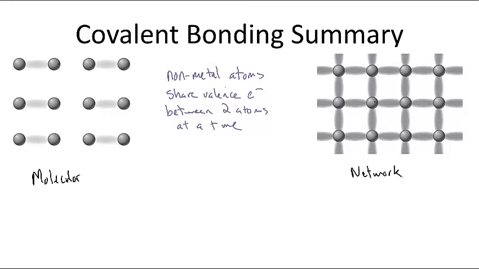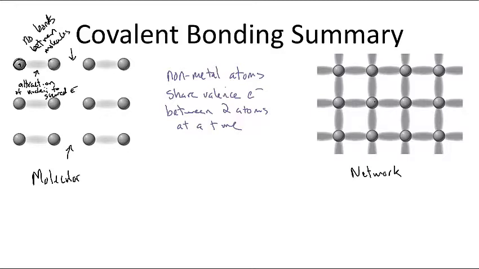So what is the difference between the two? Well, here, you notice there are no bonds between molecules. Right, so if you think about this as, say, hydrogen, H2, you have the attraction of nuclei to shared e minus.